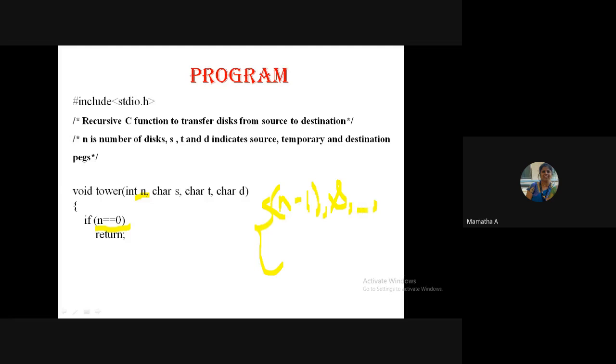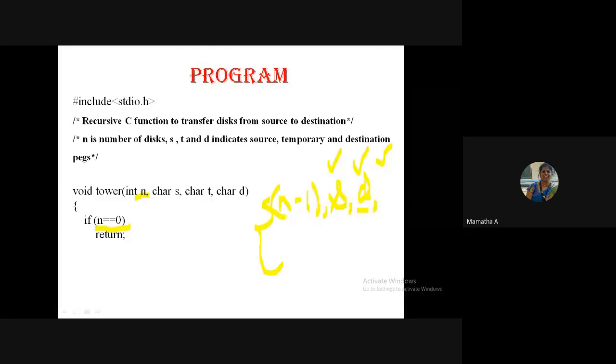So what should I write in the second slot? T or D? D, ma'am. D. So remember that in the function call, the first one is the source peg, the second one is the auxiliary peg, and the third one is the destination peg, with respect to what you are doing.